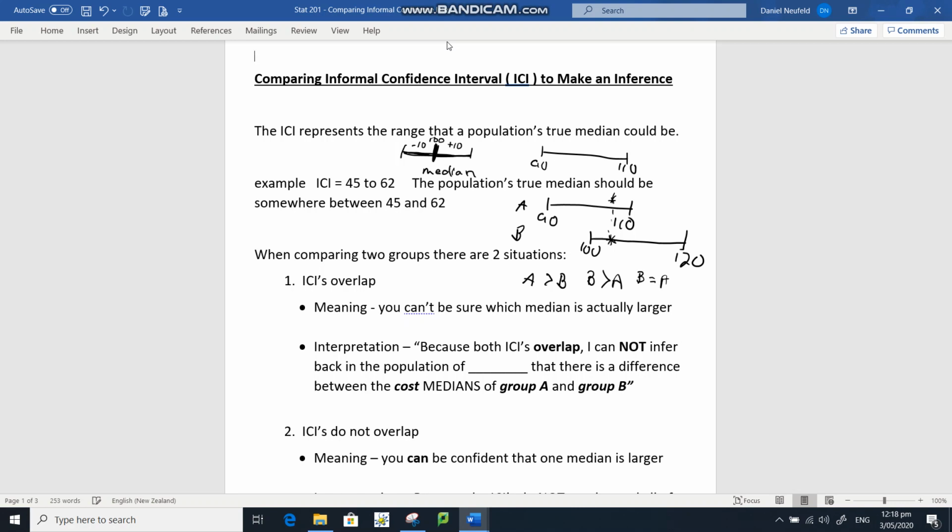So in this case, if the ICIs overlap, any of these situations can be possible, which means that we can't actually say that one is bigger than the other.